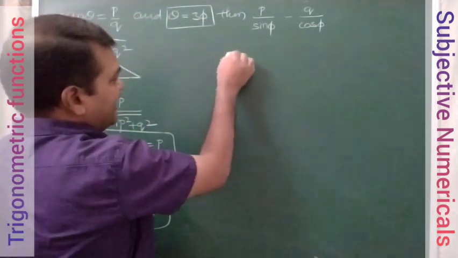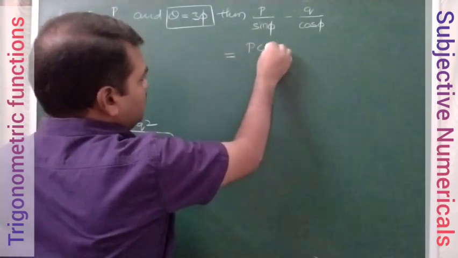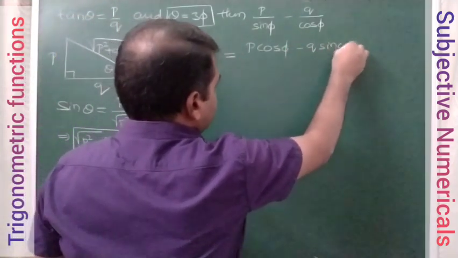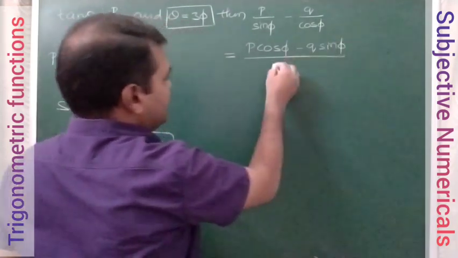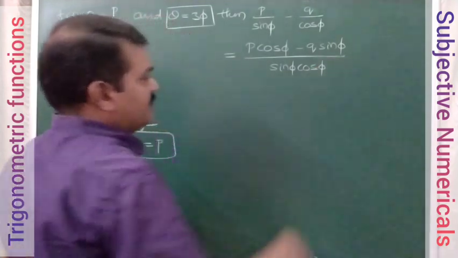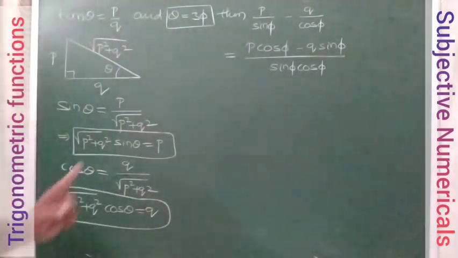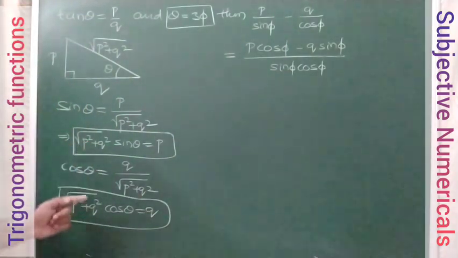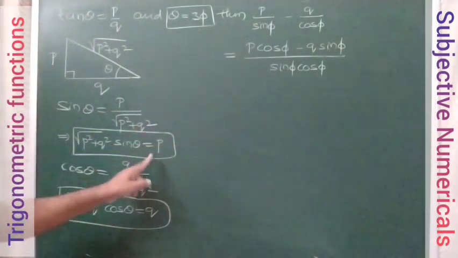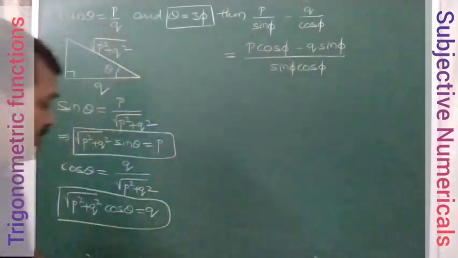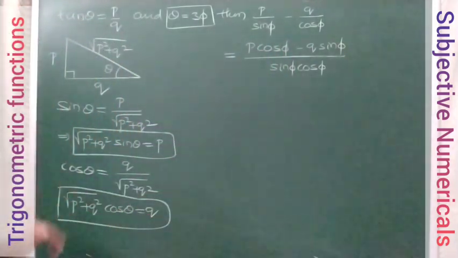Okay, so just take LCM here. P cos phi minus Q sin phi by sin phi into cos phi by taking LCM. Now in place of P and Q, use this condition. So in place of P, substitute this value. In place of Q, use this value. Okay.